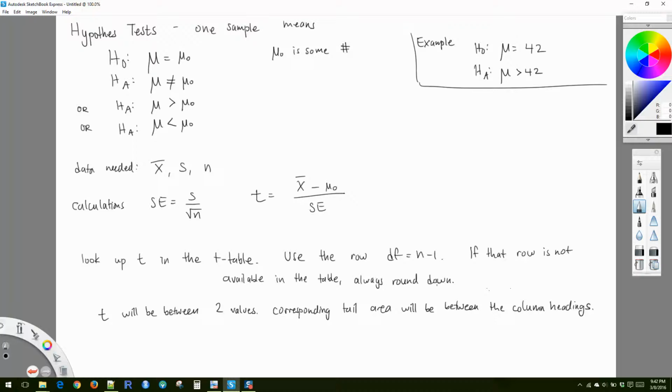Otherwise, your t will be bounded on one side by the table, or t will be bounded on one side only.